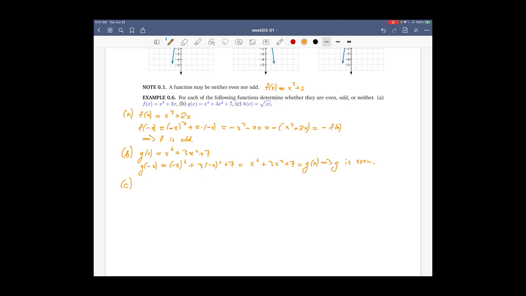Finally, for example c, we see immediately that h is even. h at negative x is the root of absolute value of negative x, and of course, the negative sign doesn't matter here. Absolute value is the same. And so h is even. By the way, what does the graph of h look like?